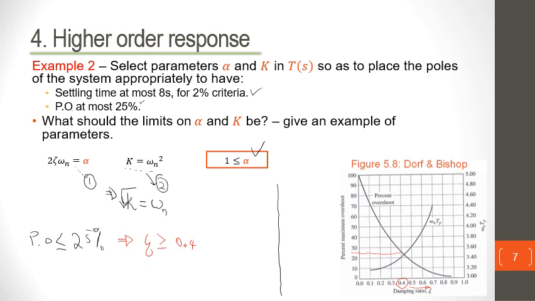Now, having established that, if we take from 1 we can show that the damping factor times 2 times the natural frequency is equal to alpha. It implies that the damping factor is equal to alpha divided by 2 times the natural frequency.